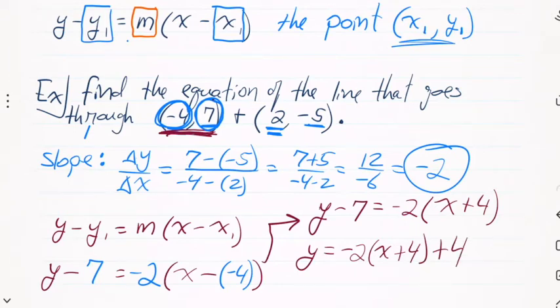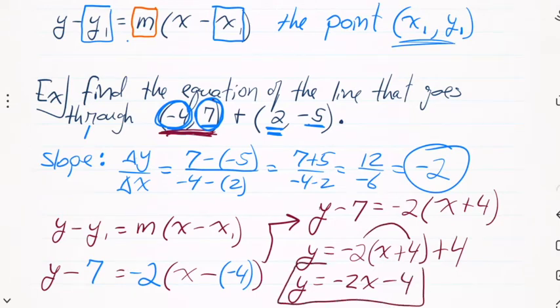Personally, I like simplifying the whole thing. So this is going to become y equals negative 2x. This will give you a negative 8 plus 4, which will be minus 4. So the equation of the line in slope-intercept form is y equals negative 2x minus 4, where negative 2 is the slope and (0, negative 4) is the y-intercept.